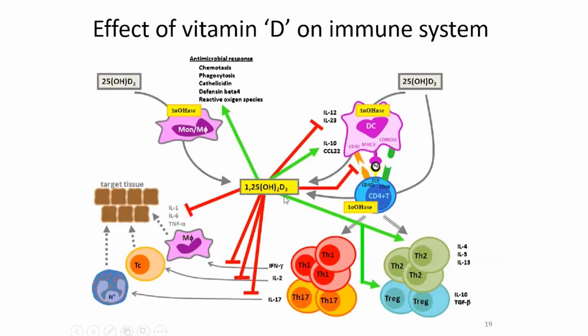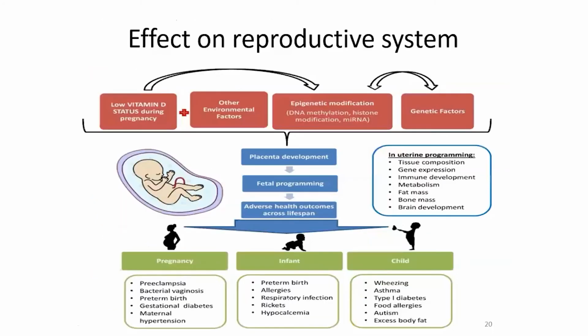In other words, the presence of vitamin D inhibits the dendritic cells. The dendritic cells are the cells which regulate immune function, which can lead to autoimmunity or autoimmune damage. So by inhibiting the maturation of dendritic cells, vitamin D has its role on the immune system.